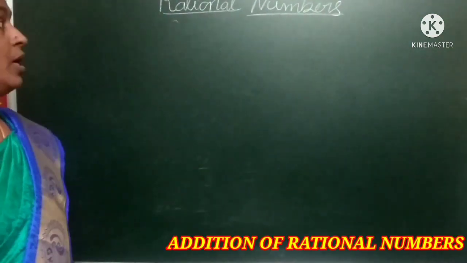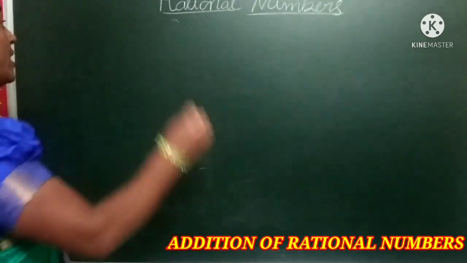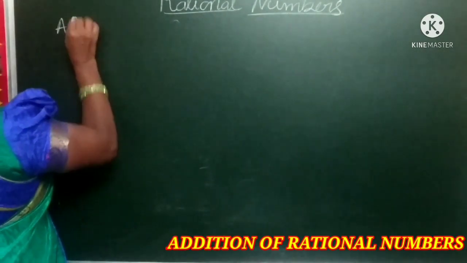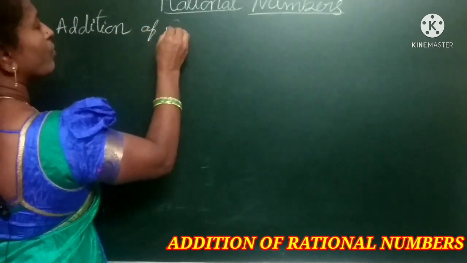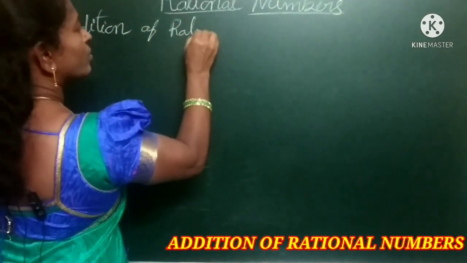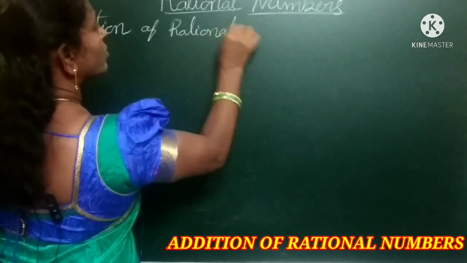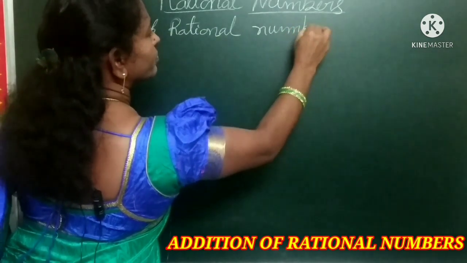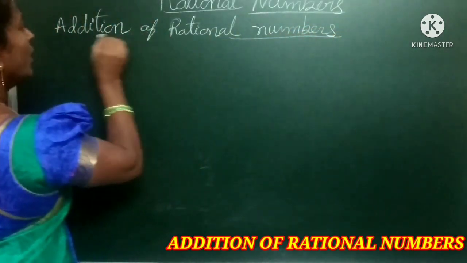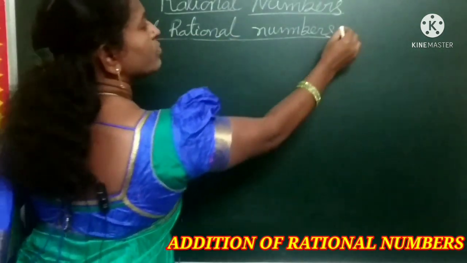Okay, and next one is addition of rational numbers. In addition of rational numbers we have two types.